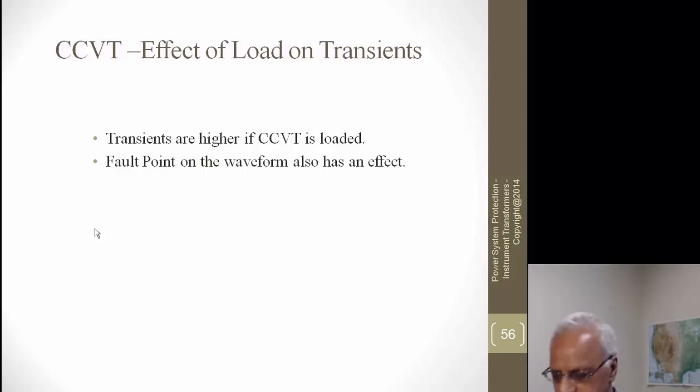If it is used for metering, our range of interest is up to full load current only, and if it is used for protection class, then it is at the fault current levels, which are much higher than your normal metering range. So if it is a 2000 amp CT, we were interested from 0 to 2000 amps for metering purposes. And if it is for protection, and the fault current is around 20,000 amps, we are more interested in the behavior of the current transformer at 20,000.